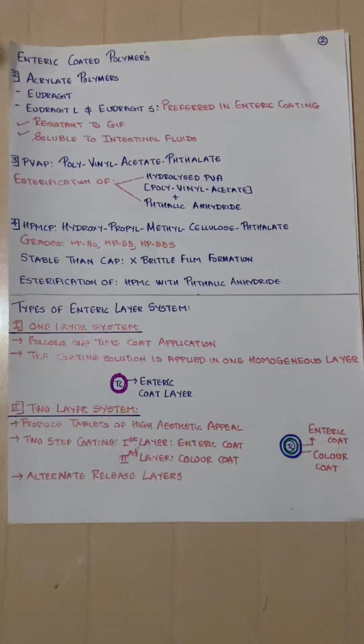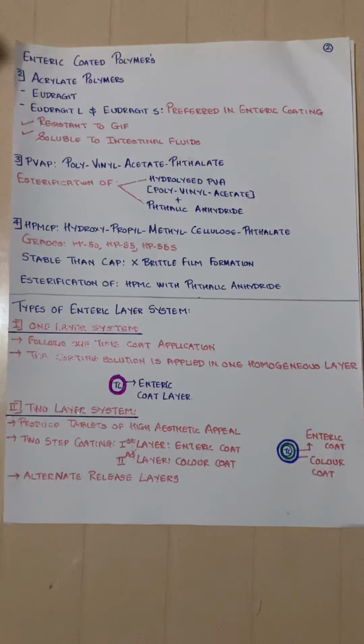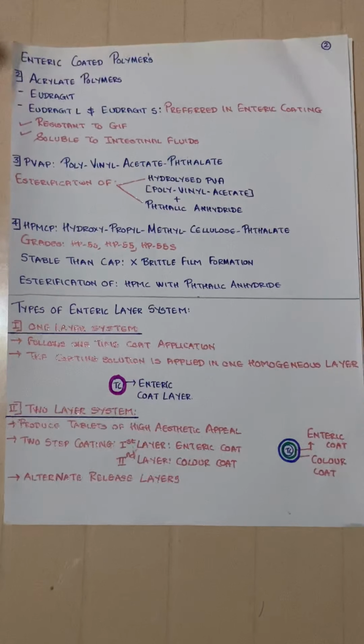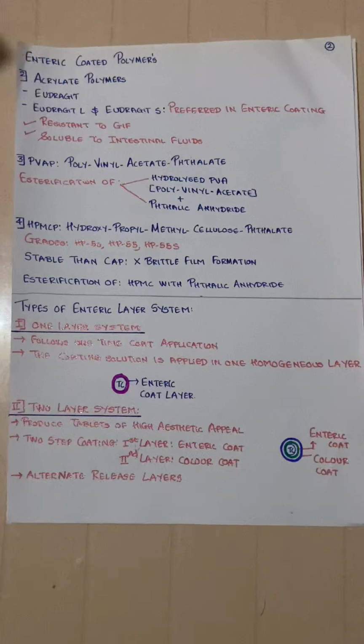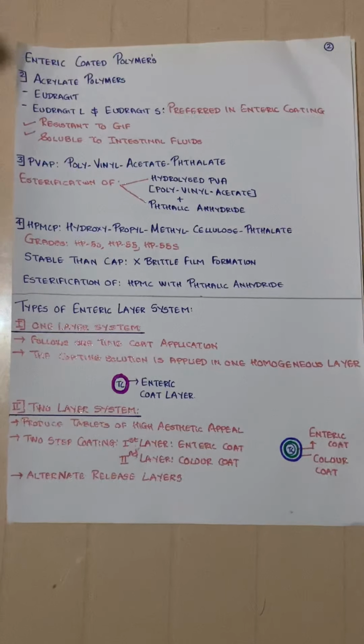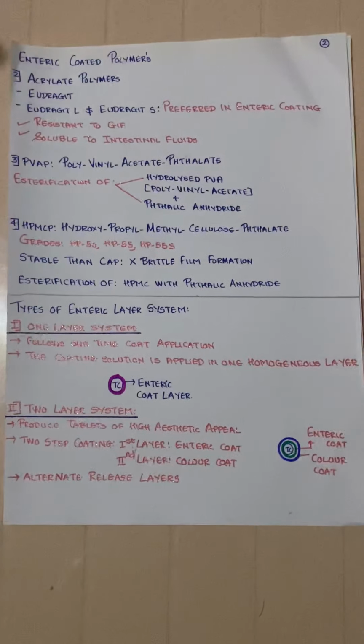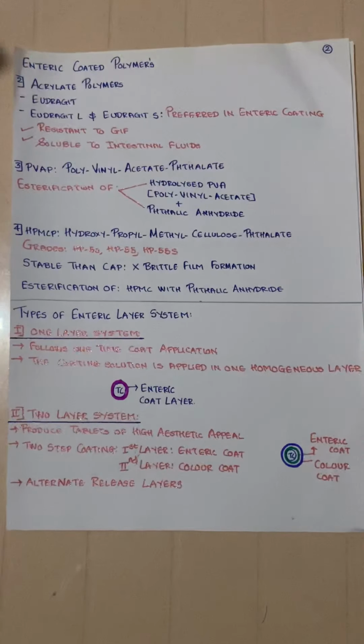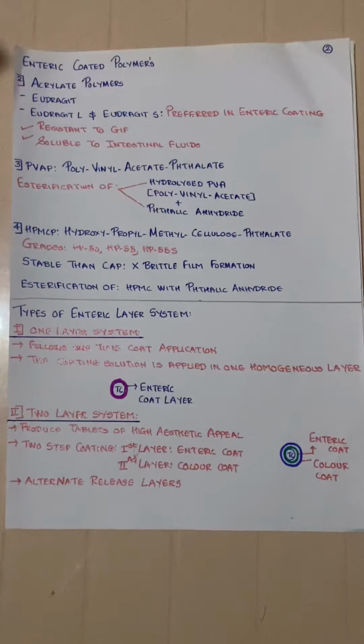And the last enteric coated polymer to be studied is called HPMCP, which is also called hydroxypropyl methyl cellulose phthalate. It comes in various grades, which are called HP50, HP55, HP55S.